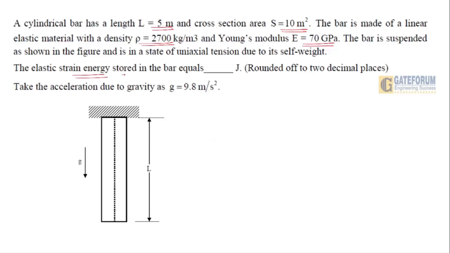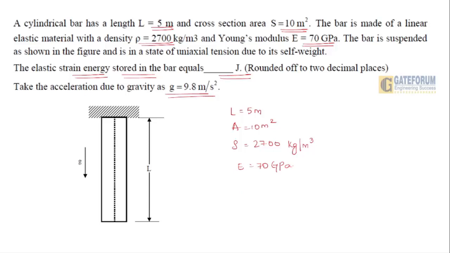Elastic strain energy stored in the bar is equal to dash joules, and acceleration due to gravity is 9.8 meter per second square. So given L equal to 5 meters, A equal to 10 meters square, density as 2700 kg per meter cube, Young's modulus as 70 gigapascal.